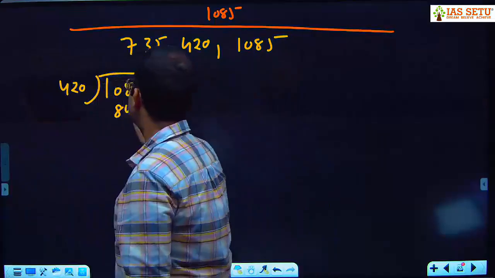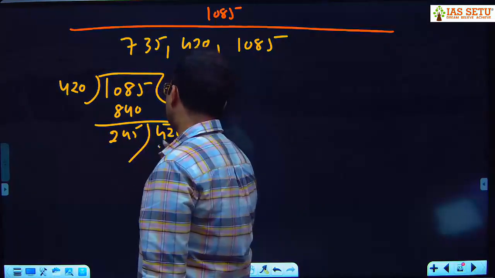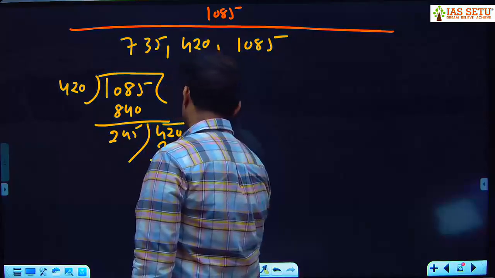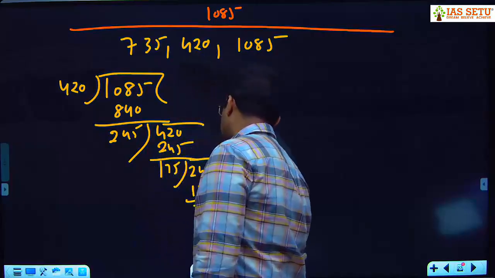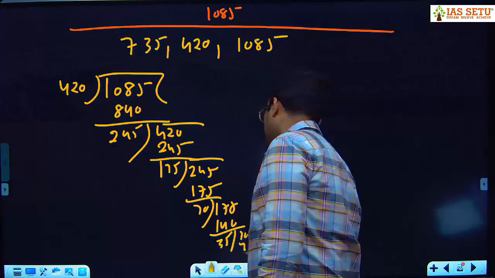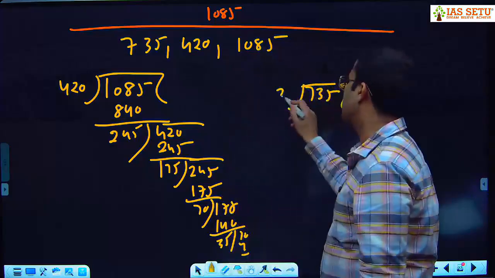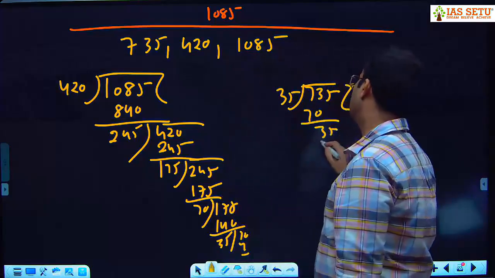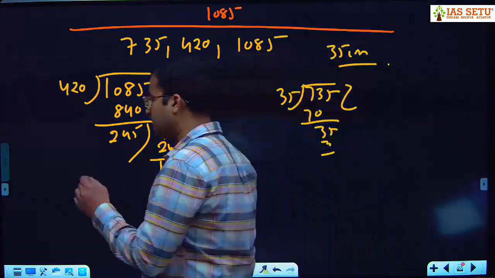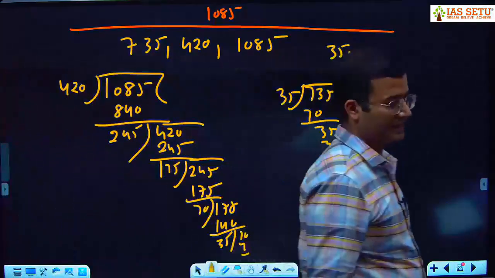This is 840, 245, 420, 245, 175, 245, 175, 70, 175, 140, 35, 70, 35. And you try the remaining number 735. Is it divisible by 35? Yes. 70, 35. So 35 is HCF. 35 centimeter is the largest value which can be used to measure these three lengths exactly. Okay.